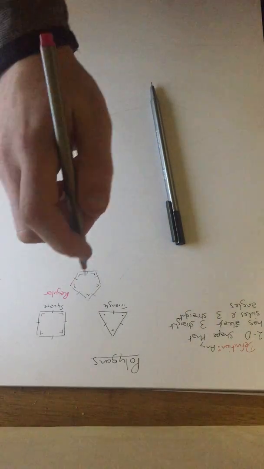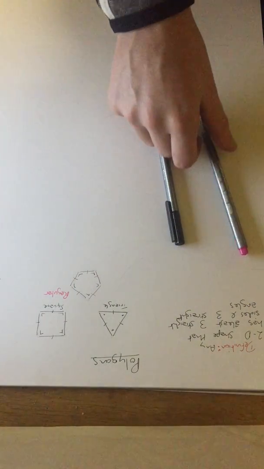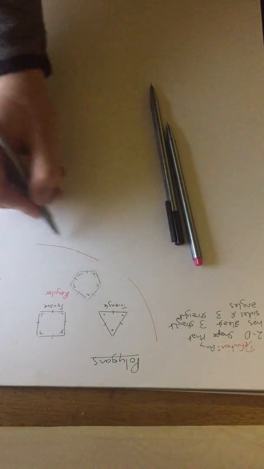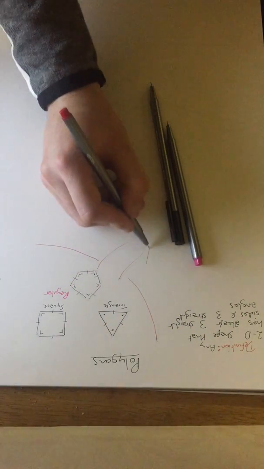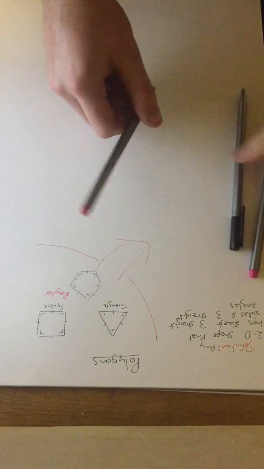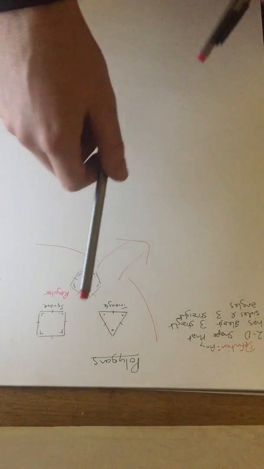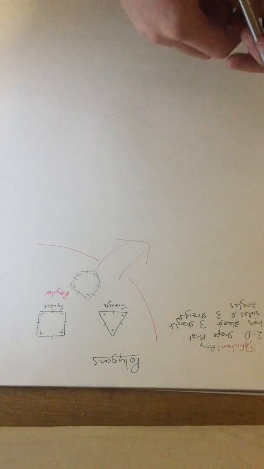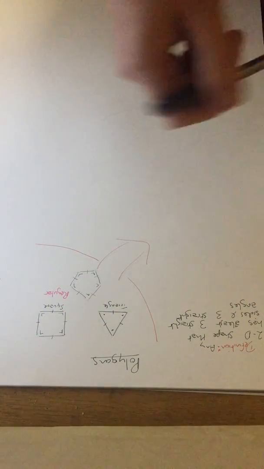Now, because we have regular ones, that must mean that we have irregular ones, so we'll cordon these off and move down to the next section. Because we have shapes like square, triangle, pentagon, we'll start talking about the irregular version of them.